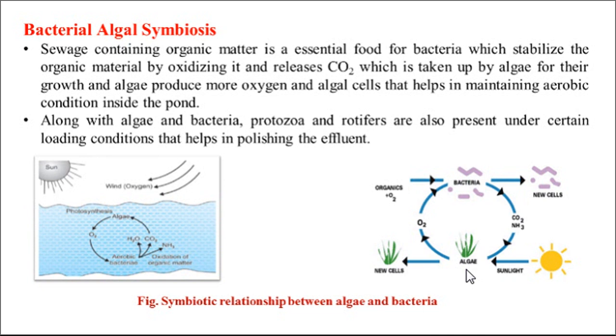By the photosynthetic activity, the CO2 is taken up by the algae, new cells are generated and the oxygen is released. And this oxygen is used to maintain the aerobic condition in the oxidation pond. So this particular cycle is called as bacterial algal symbiosis. So this is very much important as far as aerobic ponds are concerned.